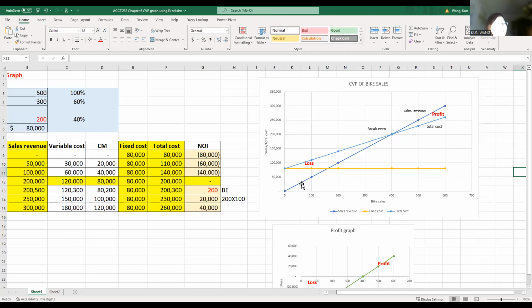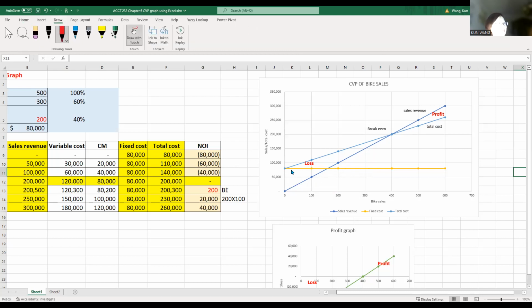So initially, you can see the sales revenue, in the developing stage, when we have low sales volume, the sales revenue is below the total cost. That's the loss situation.